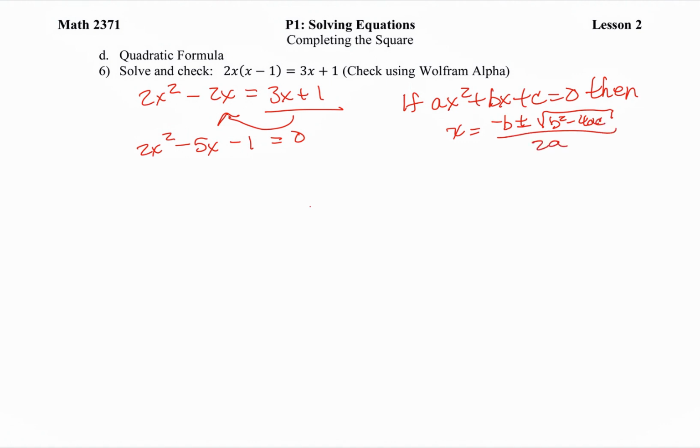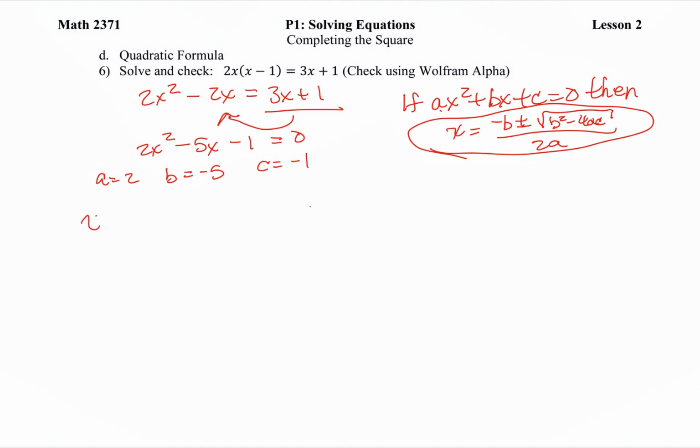It's very important to know all the conditions when you use something. It's not just this, but if I have this quantity equal to 0, then I know this. So a equals 2, b equals negative 5, and c equals negative 1.